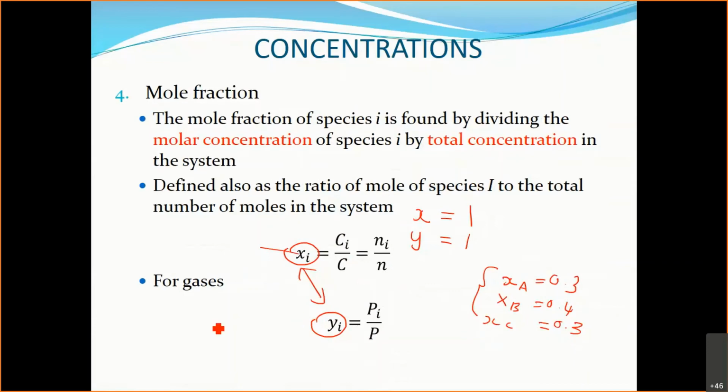If I give you YA is equal to 0.1, YB is equal to 0.8, and YC is equal to 0.1, we know that this is a gas system. So based on that, you can already identify which system you have.